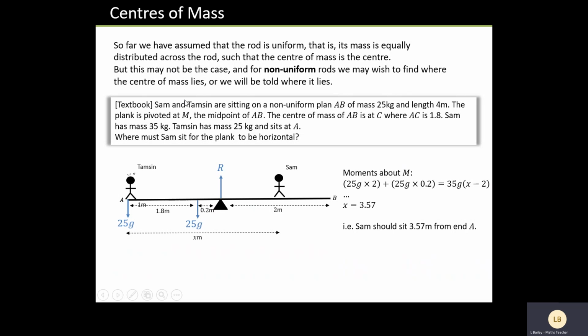So the mass of the beam is 25 kilograms, so your force is 25 G. The complete length is 4 metres. On this one, it tells you where the centre of mass is. It just isn't in the centre of the beam.